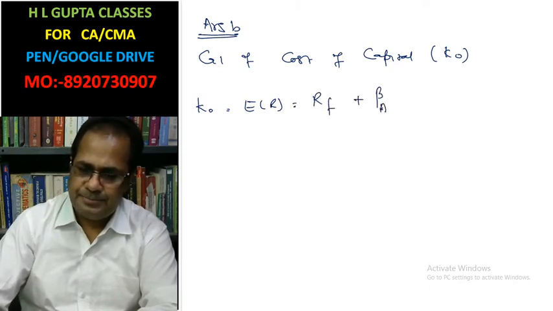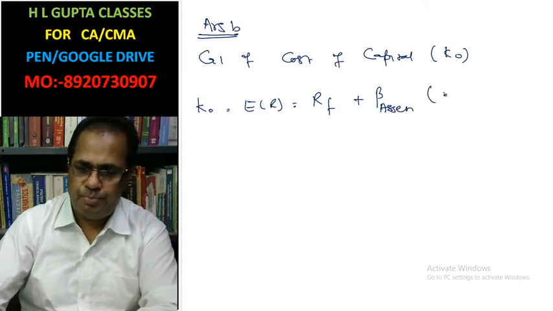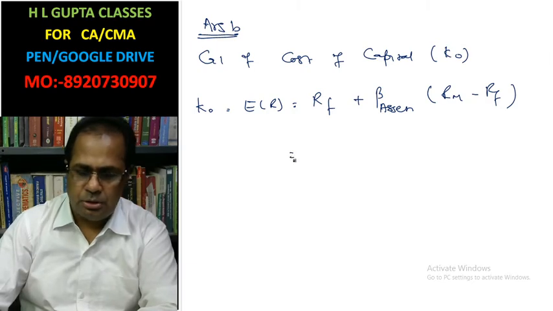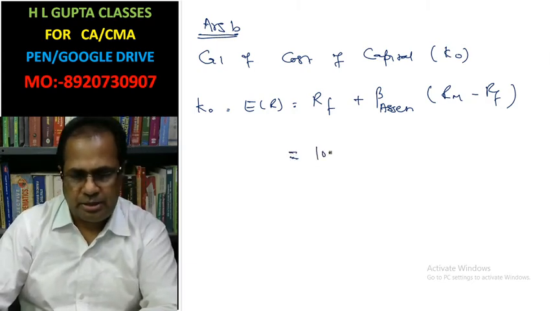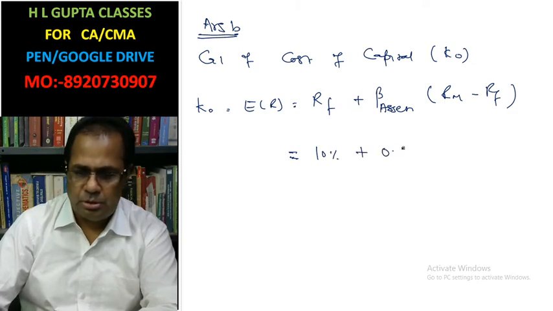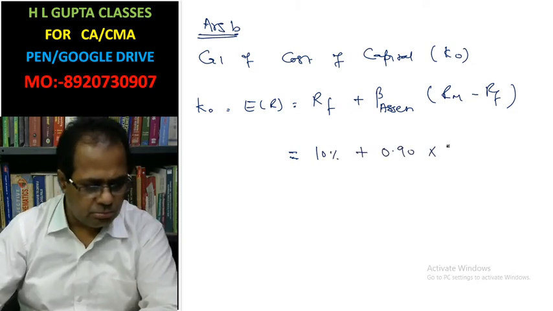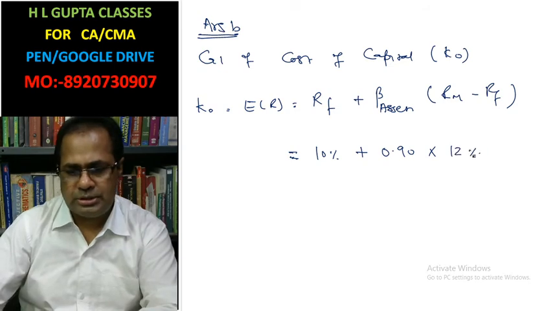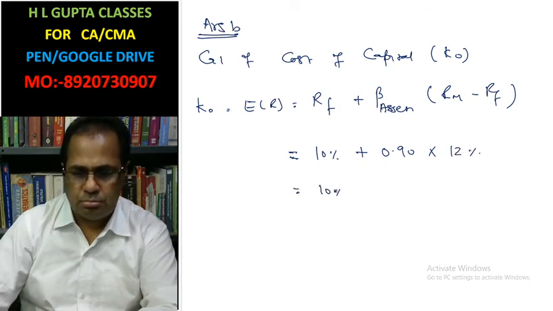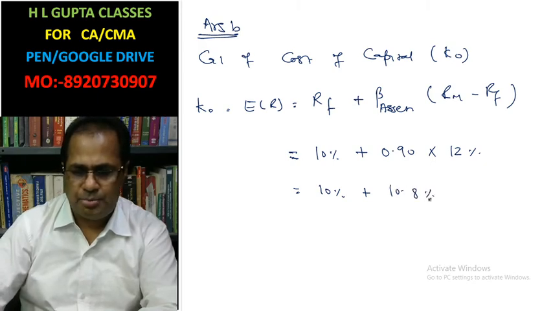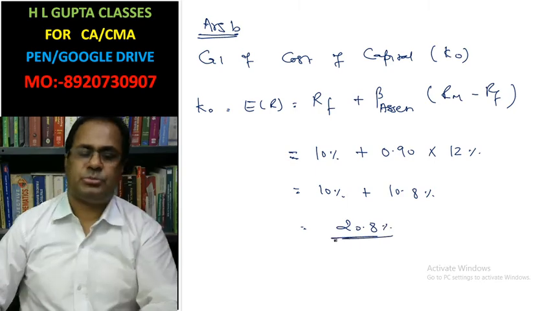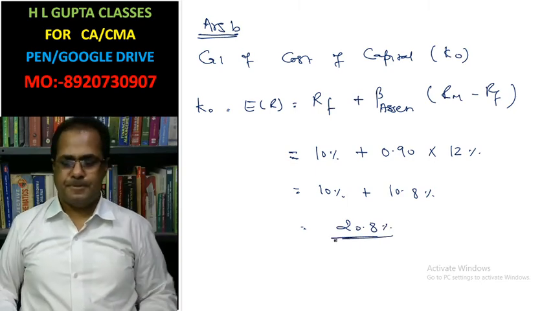KO equals risk free rate of return, which is 10%, plus beta assets 0.90 into RM minus RF, which is 12%. That is 10% plus 10.8%, which is 20.8%. This is your answer.